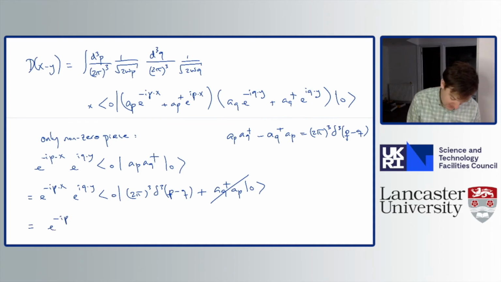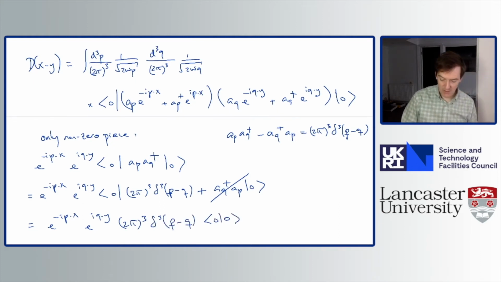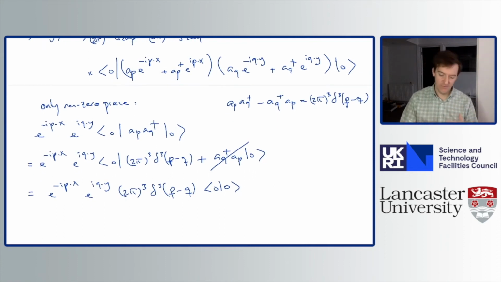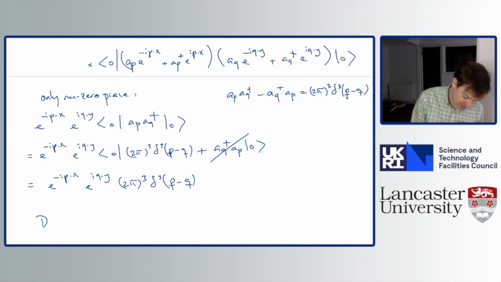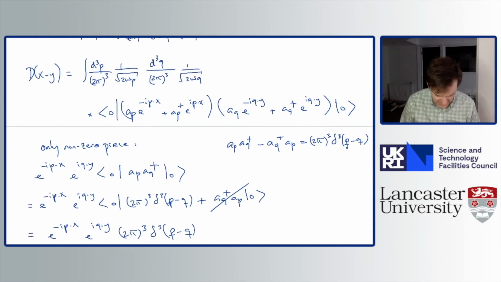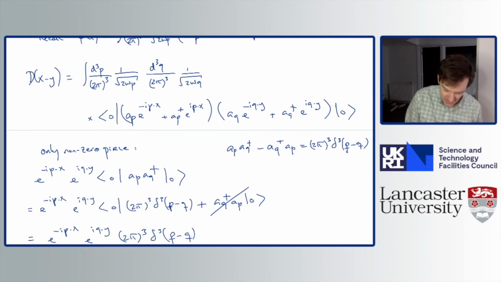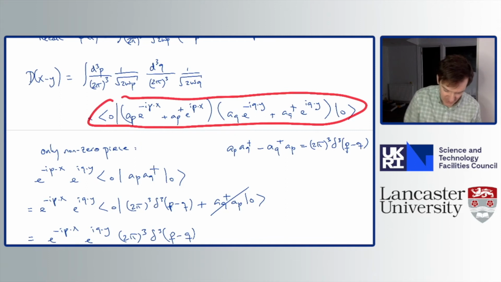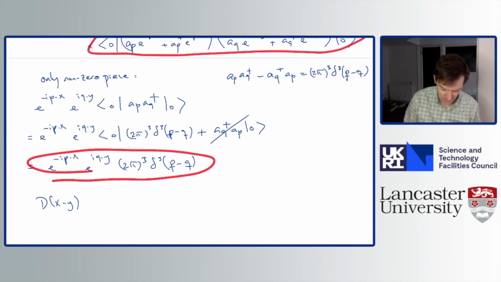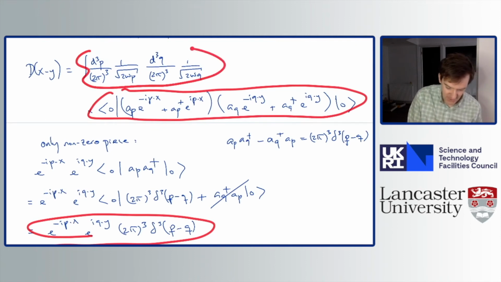So we get e^(−ip·x) e^(iq·y). We have ⟨0|0⟩, and as I said, these are orthonormal states, so this is simply the number 1. Let me just delete it because it's just the number 1. Okay, so if we go back to our expression for the propagator, x minus y, it was this stuff that we've now simplified down to this piece times all of this integration stuff.